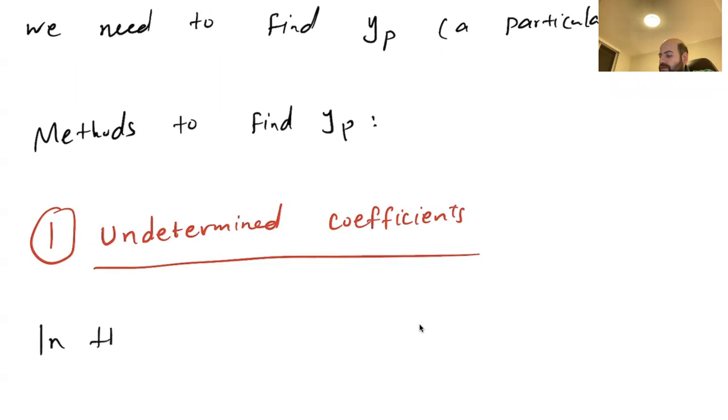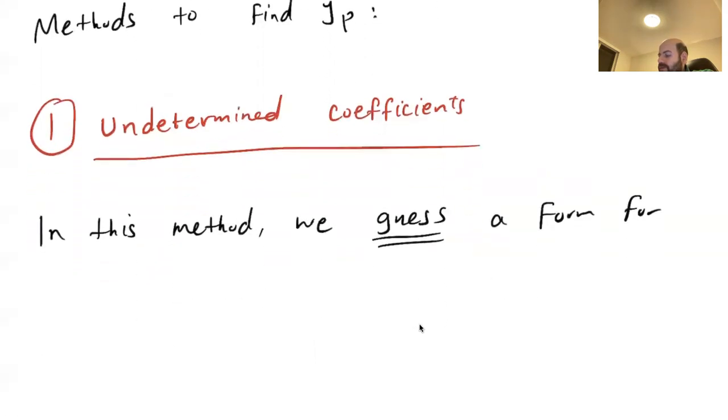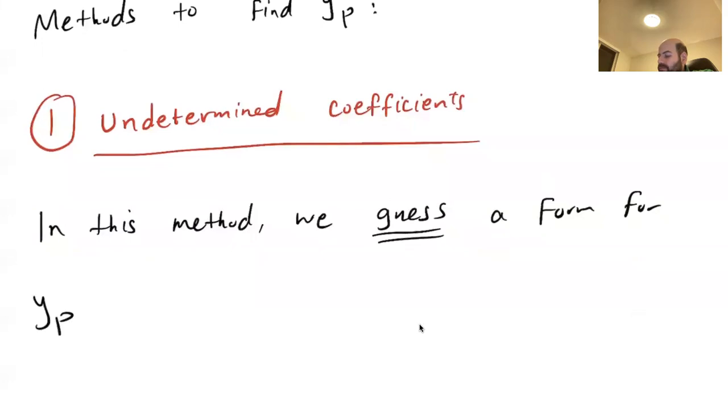In this method, we guess a form for yp based on the given f of x.